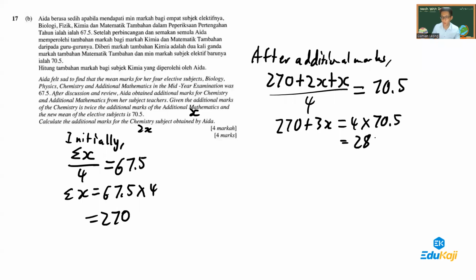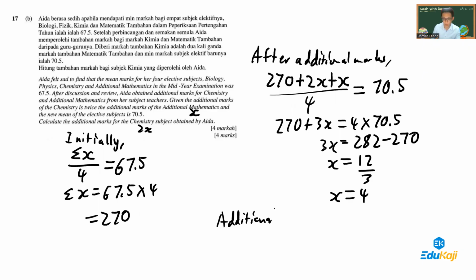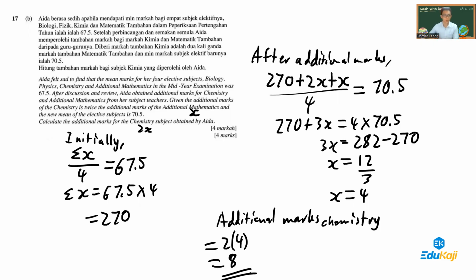Way 2, bring over the 270 plus opposite minus, 12 times 3 opposite divide 3, which is 4. So additional marks is 4 for maths, means additional marks for chemistry is 2 times 4, which is 8. That's it. That is 17B.